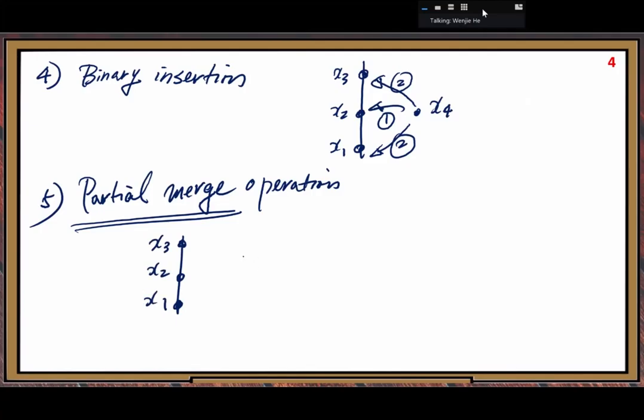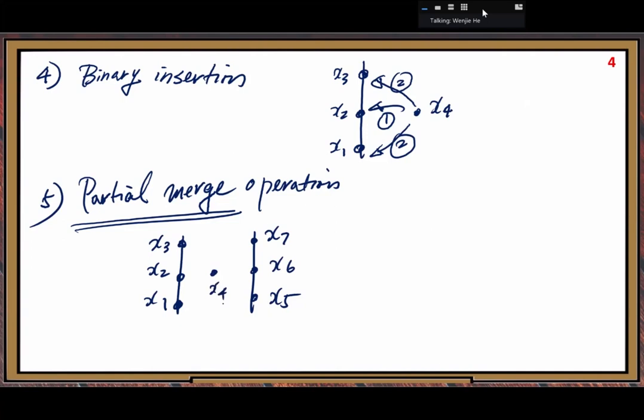Another, x7, x6, x5. Two ordered arrays given, right? The x4 is unknown.